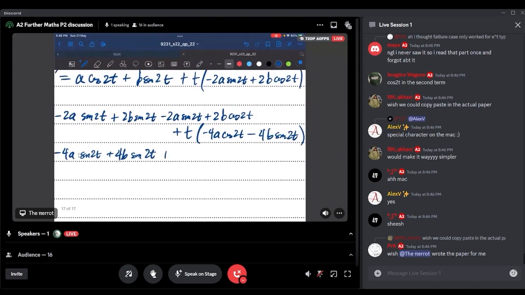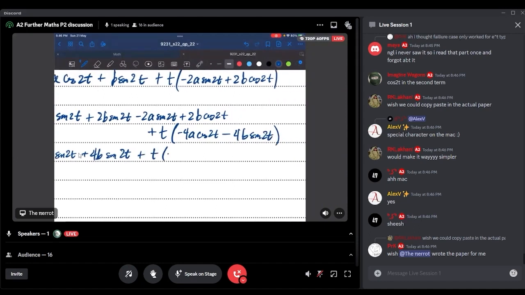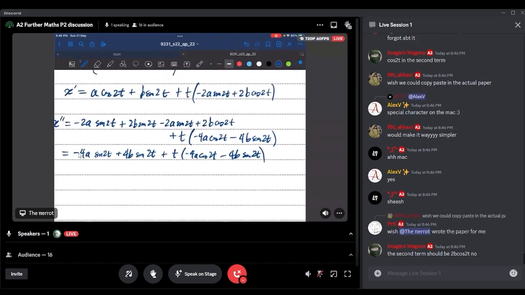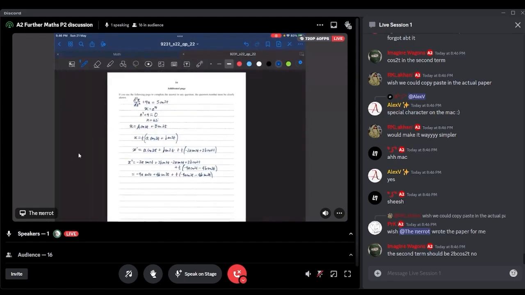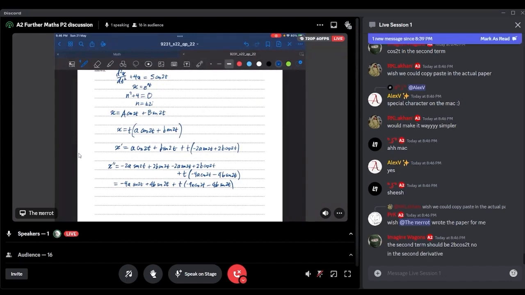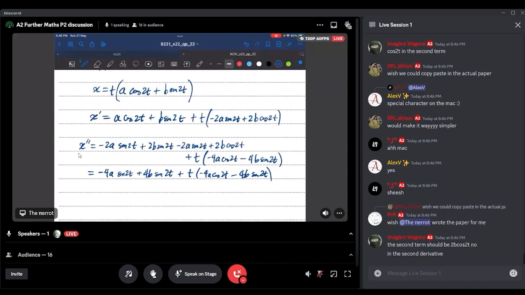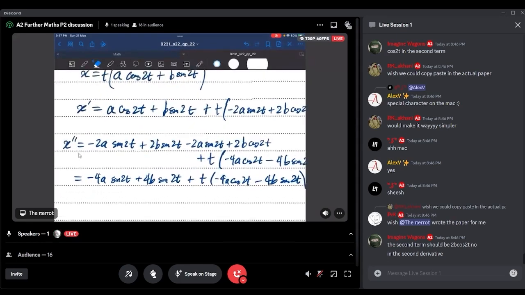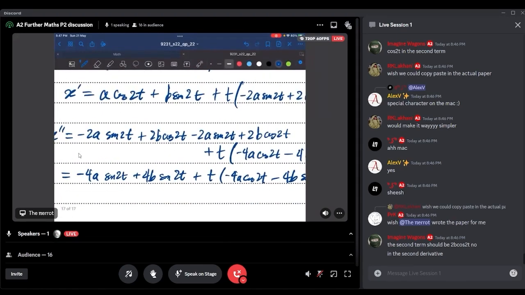The second term should be 2b cos 2t in the second derivative. Right, thank you. Just have to change it to cosine. Thanks for reminding.